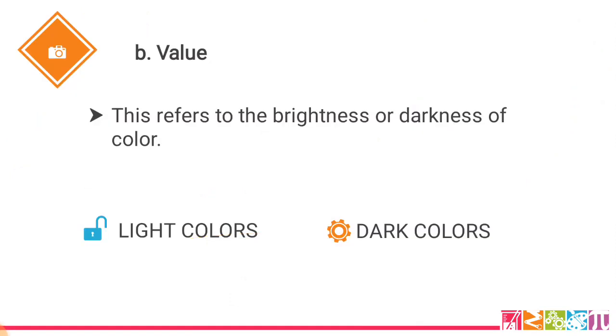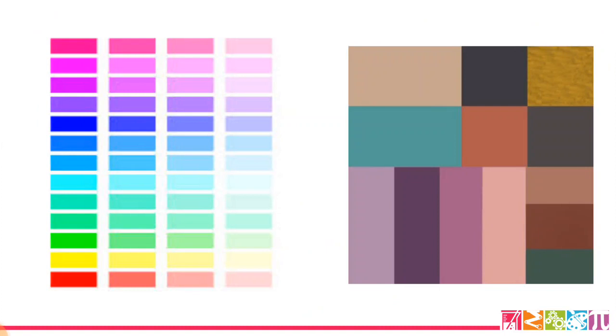So next we have value. Value refers to the brightness or darkness of color. As I mentioned earlier, there are people who love light colors and there are also persons who love dark colors. So we have here the light colors and the dark colors.